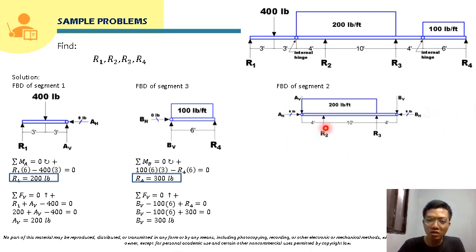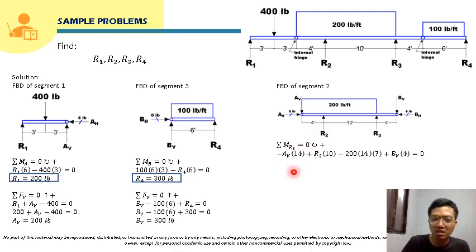So there will be two unknowns here, R2 and R3. We can use equilibrium of parallel force system here. We can take moment at R3 to cancel R3, so we can solve for R2. Taking moment at R3, that will just be negative AV times 14, the moment arm of AV is 14, plus R2, its moment arm is 10, minus 200 times 14.